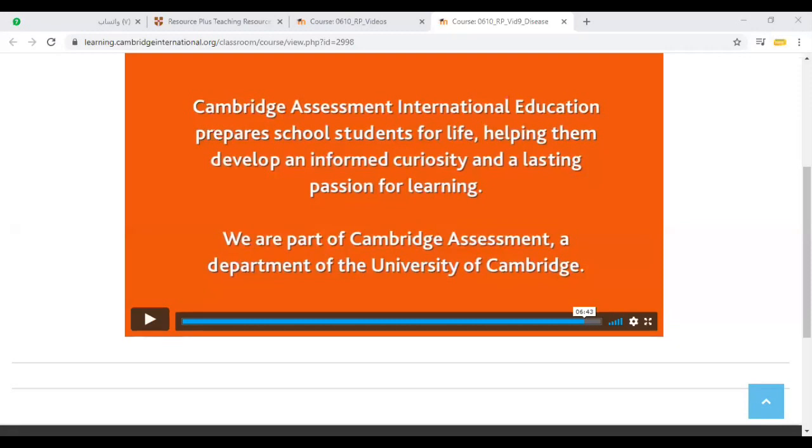Who can answer the question? Number A is what? Number B is what? Number C? It's easy. It's about stoma. This stoma, this is the guard cell. Do you remember the lower epidermis?